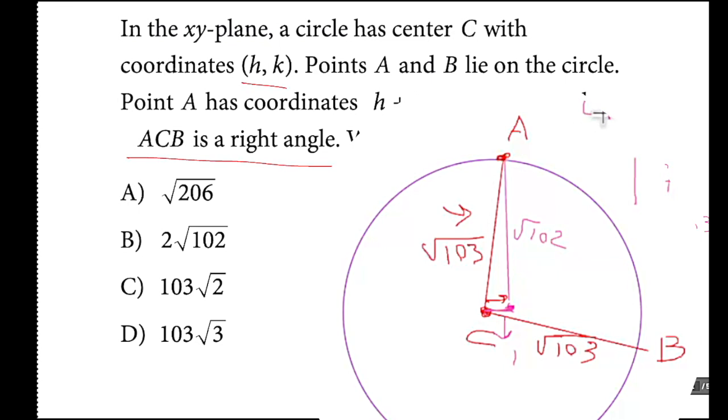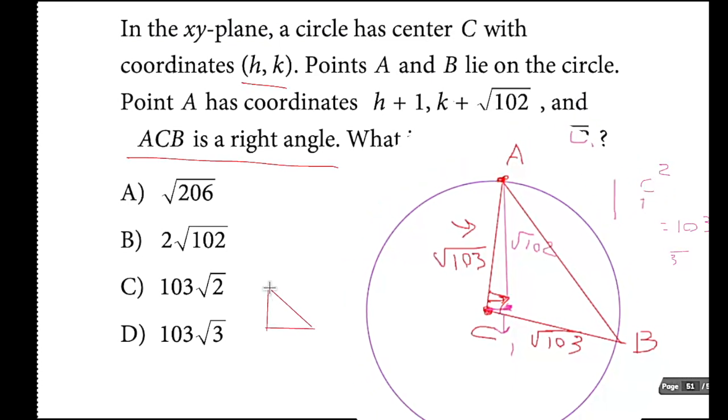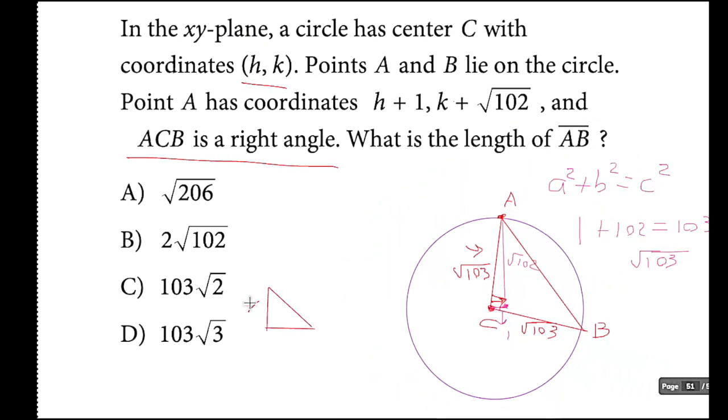And it's asking us the length of AB, which is our hypotenuse. Well, we know that this is 90 degrees here, which means we have a 45, 45, 90, because we have two equal sides, which means two equal angles. And with a 45, 45, 90, you have this rule where, and again, this will be on the cheat sheet if you want to just look at the cheat sheet, we have x, and then x times the square root of 2.